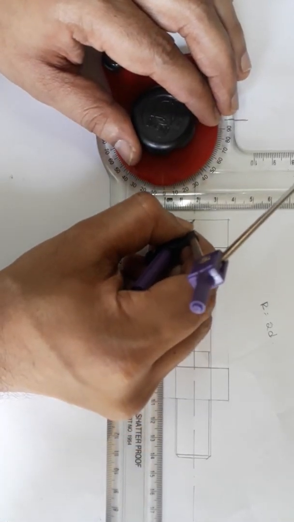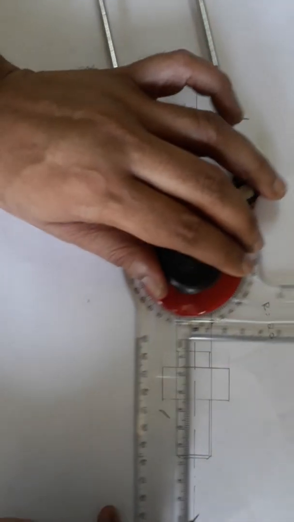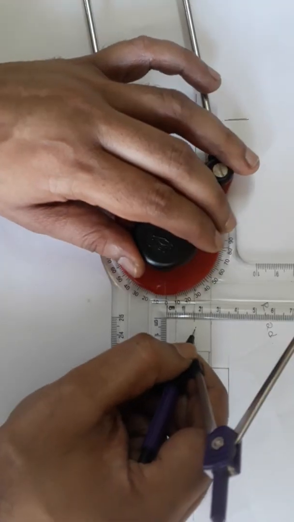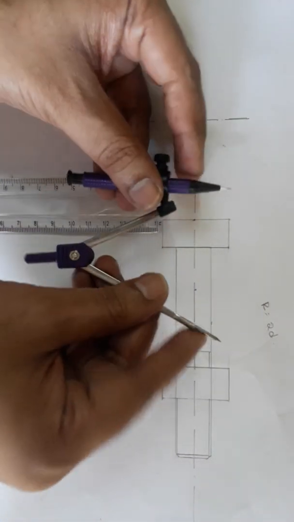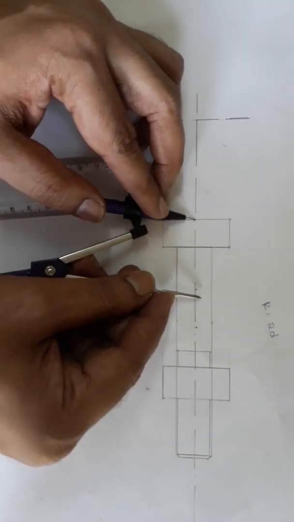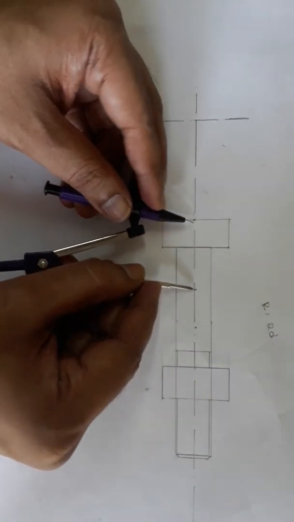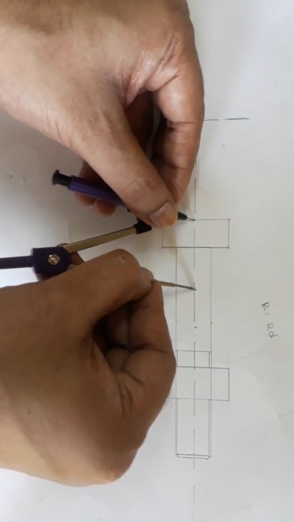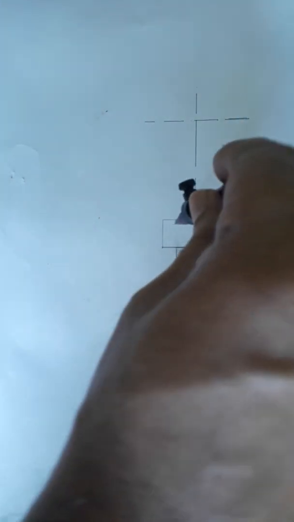From this edge measure 40 mm here, and also from here 40 mm. This is one center and this is the other center. With this as the center and radius equal to this, draw an arc.